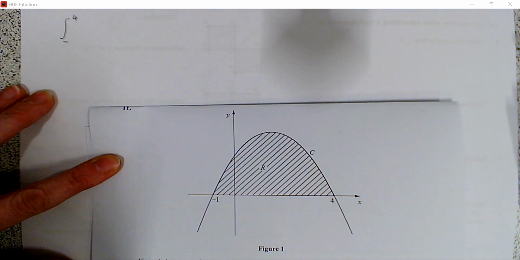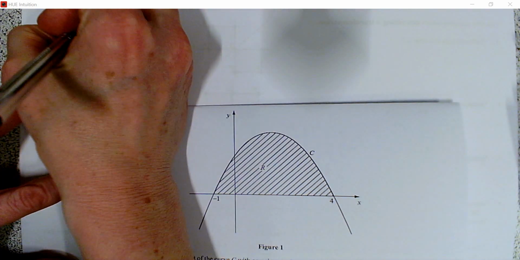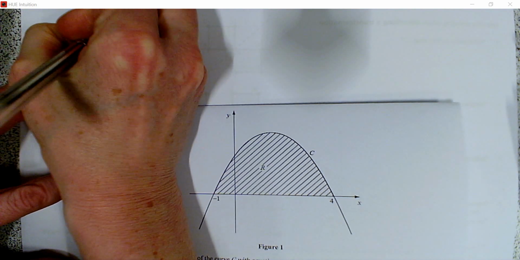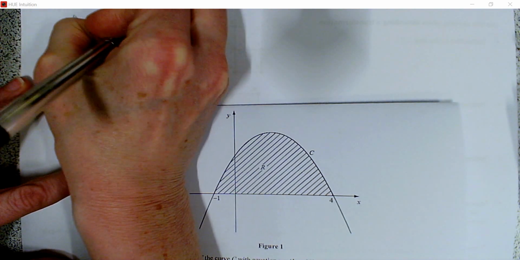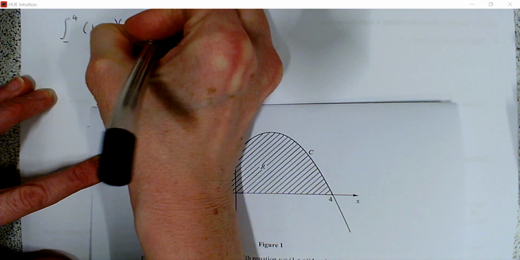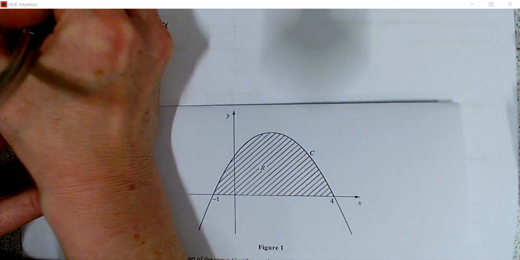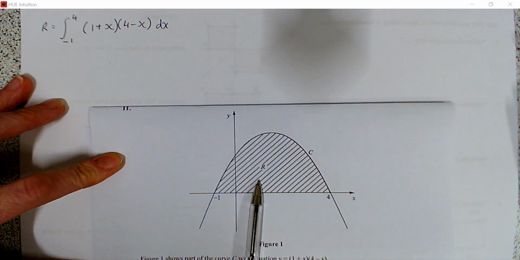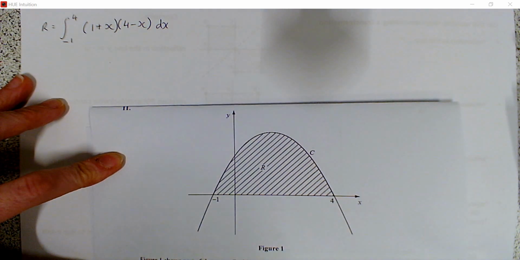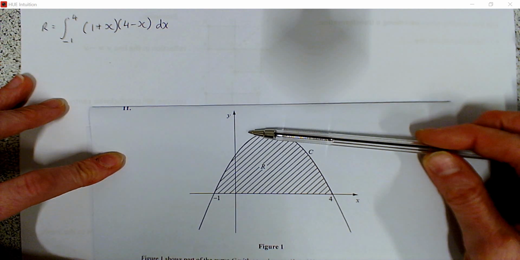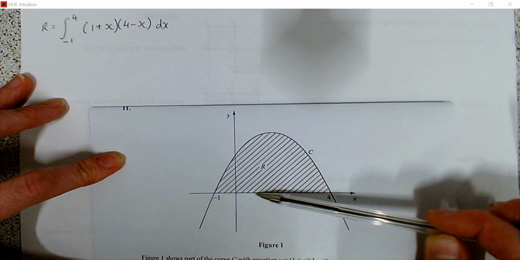So in this case, we've got this equation here, with respect to x. And so that would give us the region R.